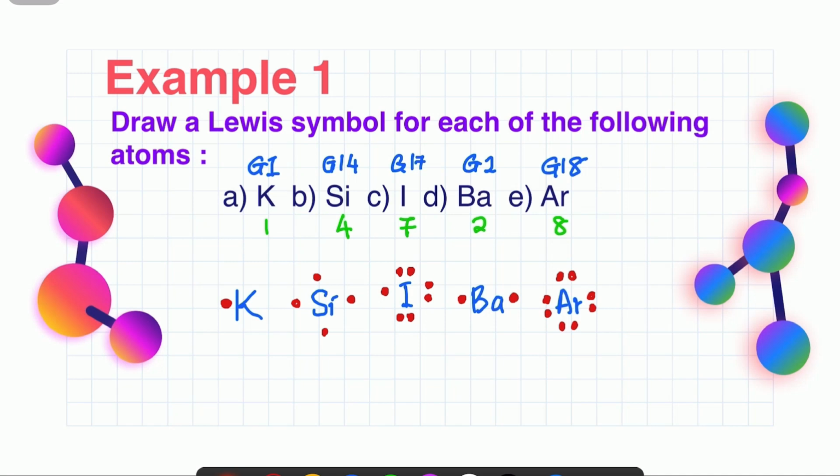So this is the Lewis dot symbol for the 5 elements. When you are given the elements, you should know the proton number, then you will know the valence electrons, and from there you can draw the Lewis dot symbol.